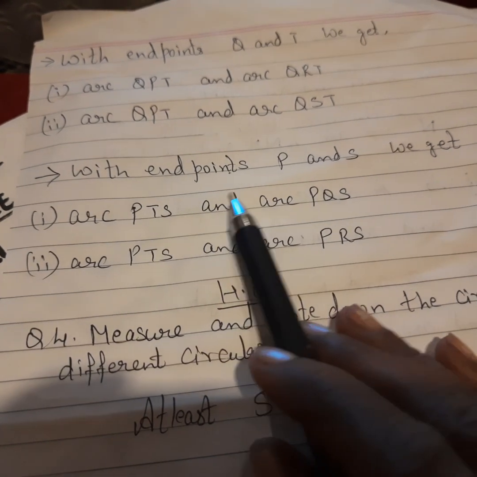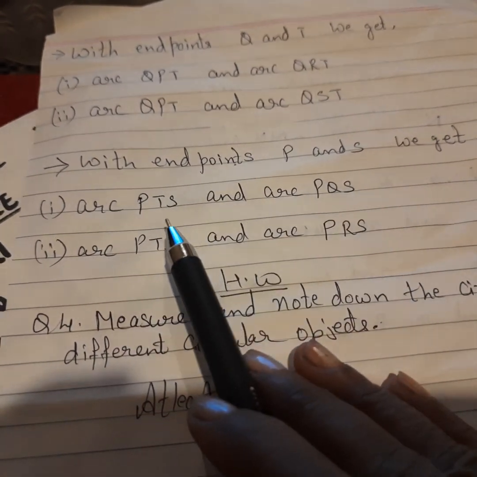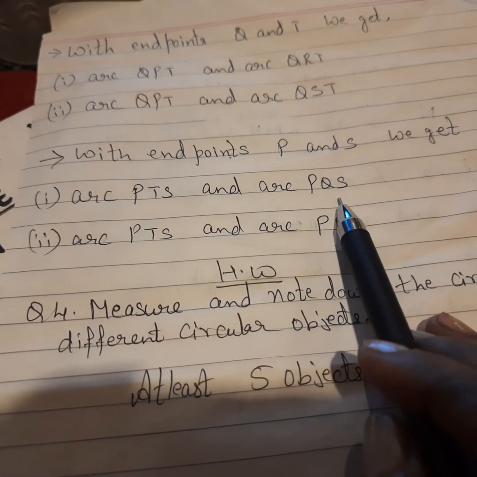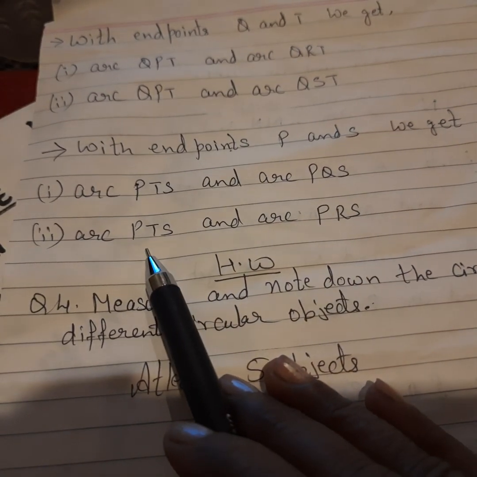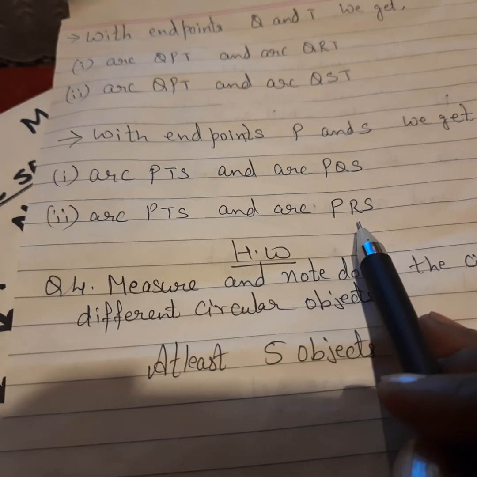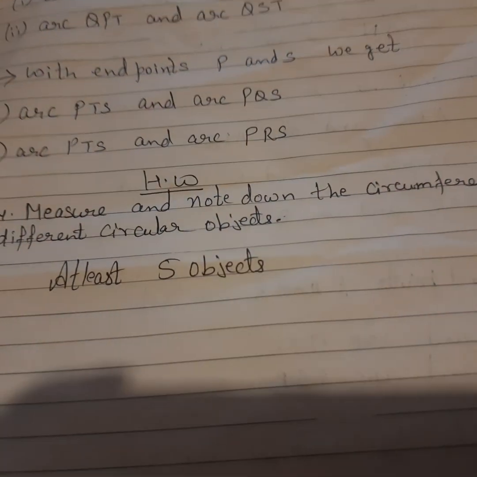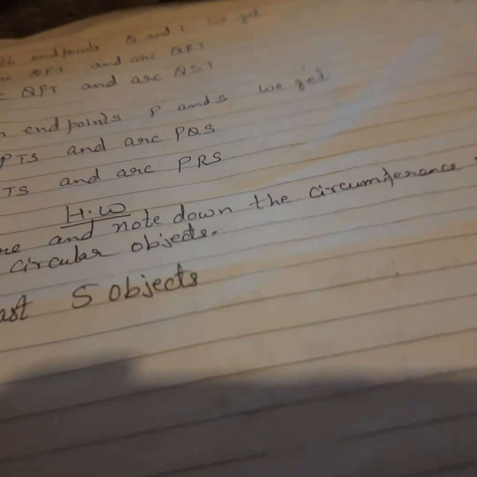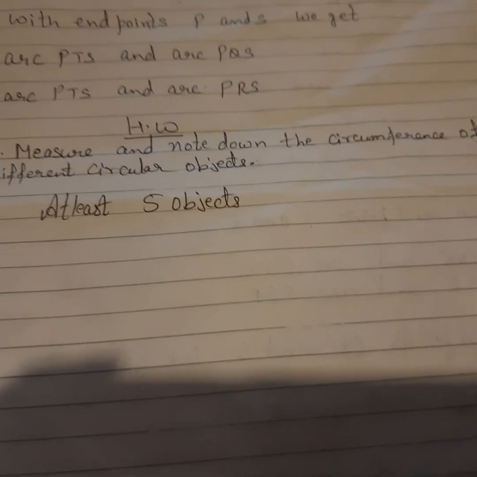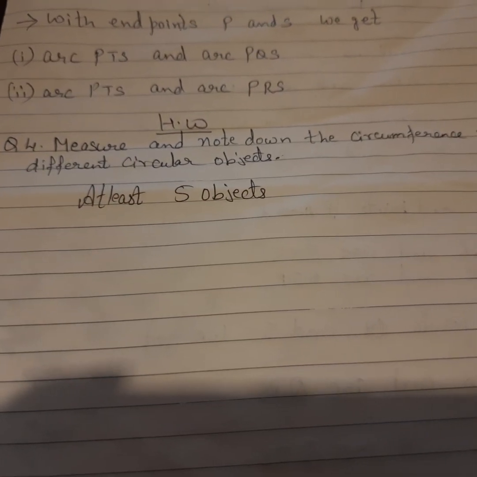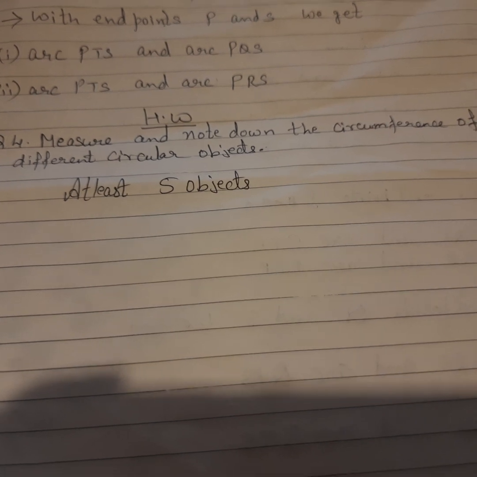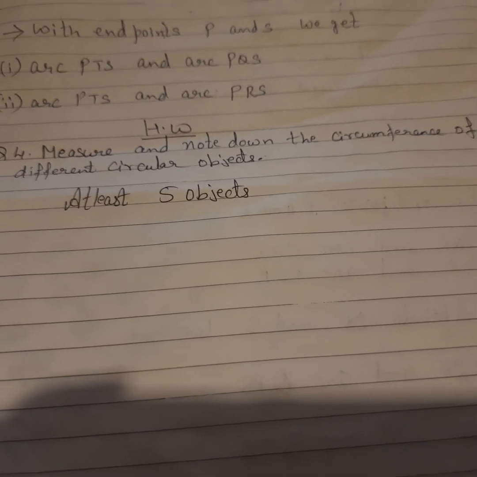If I take the endpoints P and S, arc PTS and arc PQS, arc PTS and arc PRS. So like this, the more points in the circle, the more arcs you are going to get. You can practice with more figures. You can draw your own circle, mark the points and try to write the arcs.